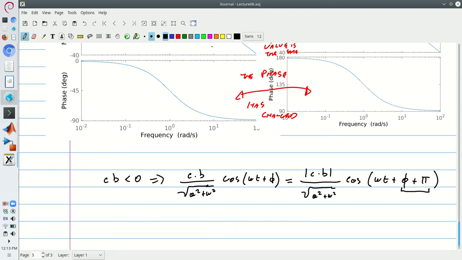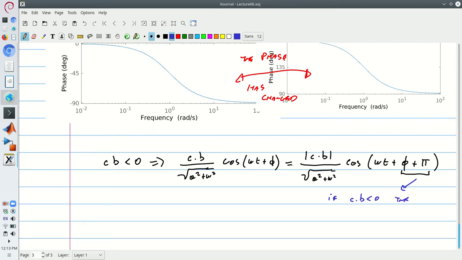So the new phase, the actual phase shift, if C times B is negative, is arctan of omega divided by A plus pi.